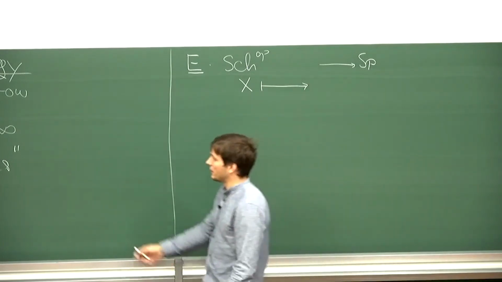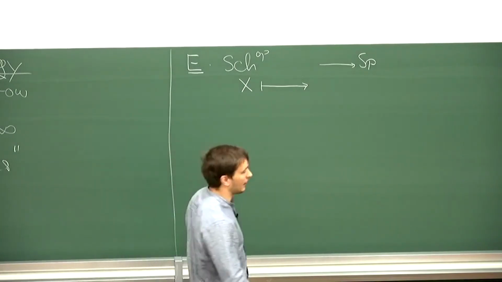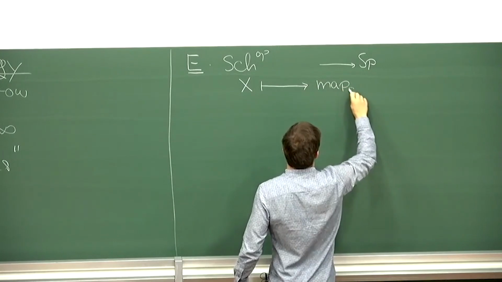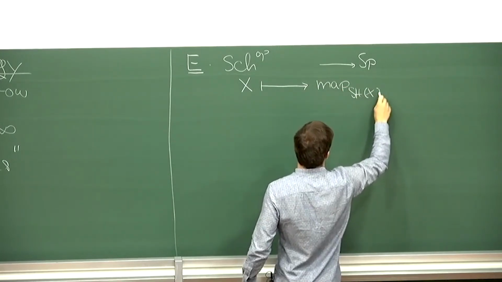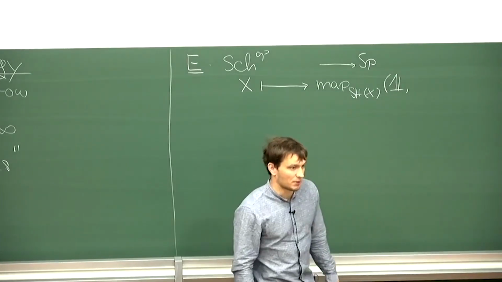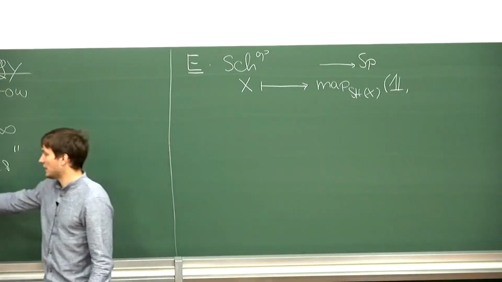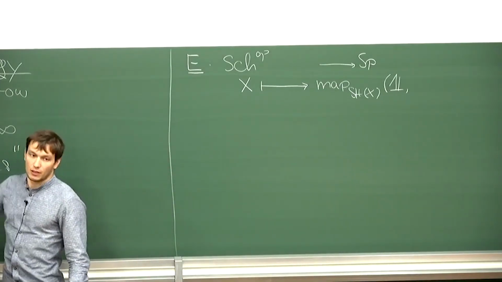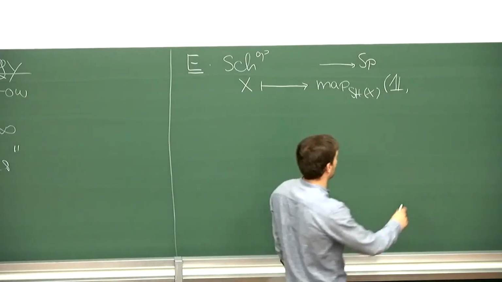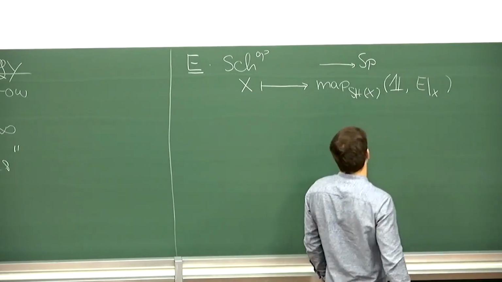As I said, this gives me a stable infinity category, a symmetric monoidal stable infinity category, so I can get a spectrum by taking some kind of internal mapping spectrum. The source is going to be the unit, an object which I have in every symmetric monoidal category. And then I also have my E in SH over Z. But SH is a contravariant functor, and everything has a canonical map to Z, so I can just pull it back. I denote this by E restricted to X.